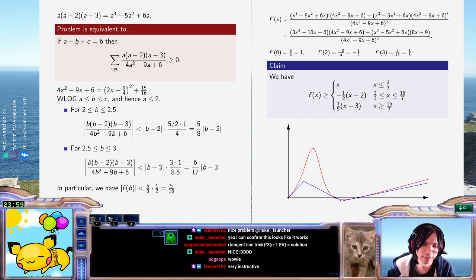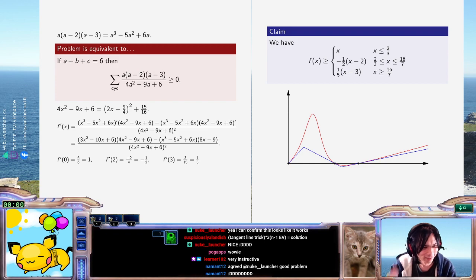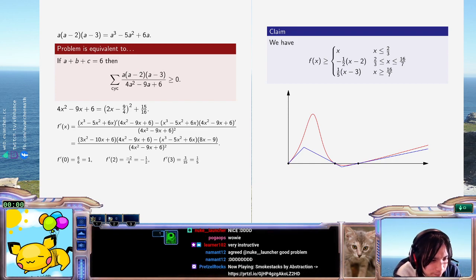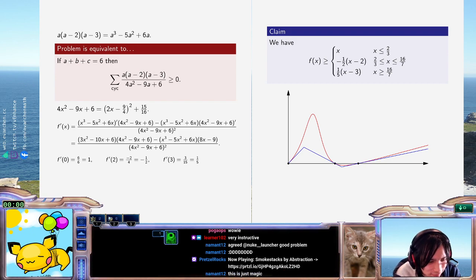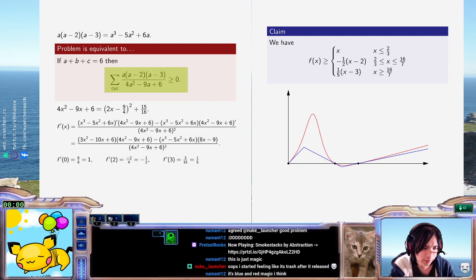I don't know if this qualifies as black magic so much as... Look, there's no magic. I think the magic step honestly was writing it in this form. This is the part where it was like coincidence.